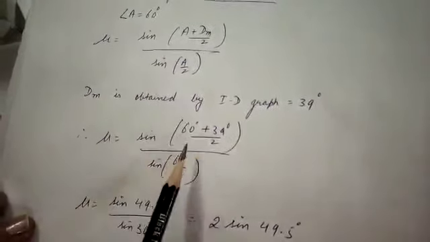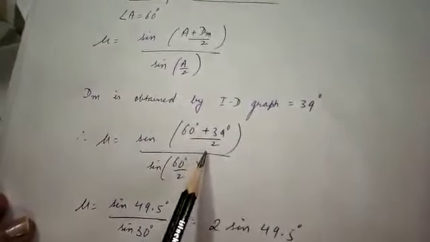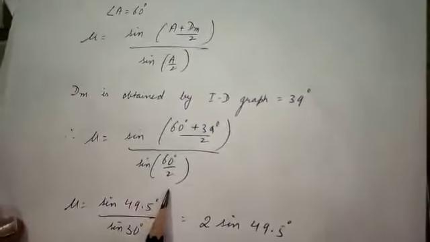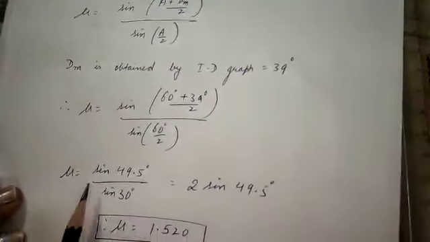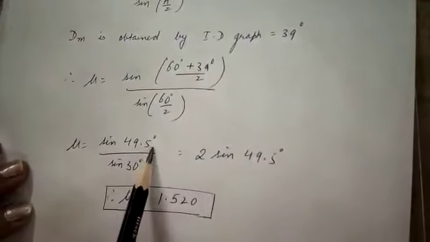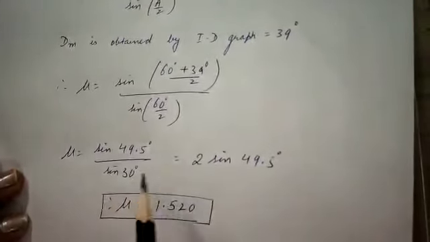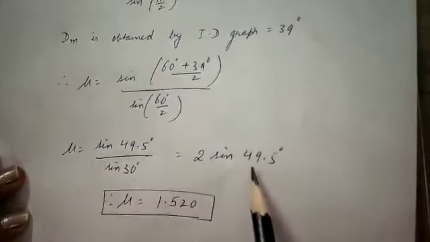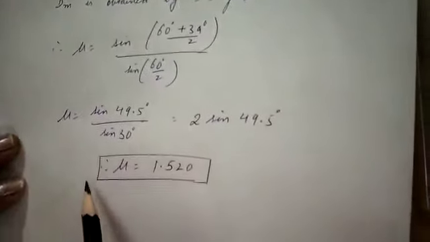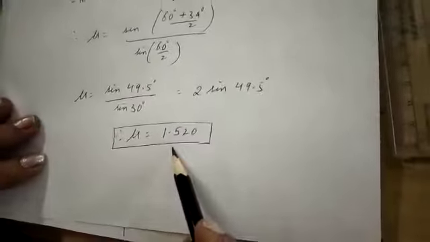So mu is equal to sine of (60 degree plus 39) upon 2, and then sine of 60 by 2. This comes out to be mu equals sine 49.5 degree upon sine 30 degree. Sine 30 is half, so this comes out to be 2 sine 49.5 degree. So refractive index comes out to be 1.520. So this is our experiment.